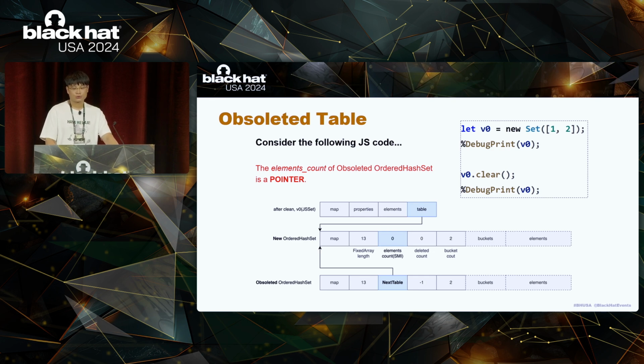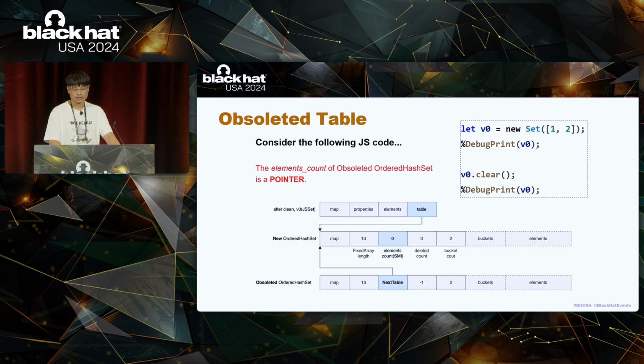One thing we need to keep in mind is that with this new hash table, the element count is still a small integer, 0. However, the element count property of the ordered hash set structure that JSSet previously pointed to is modified to be a pointer to the new hash table.